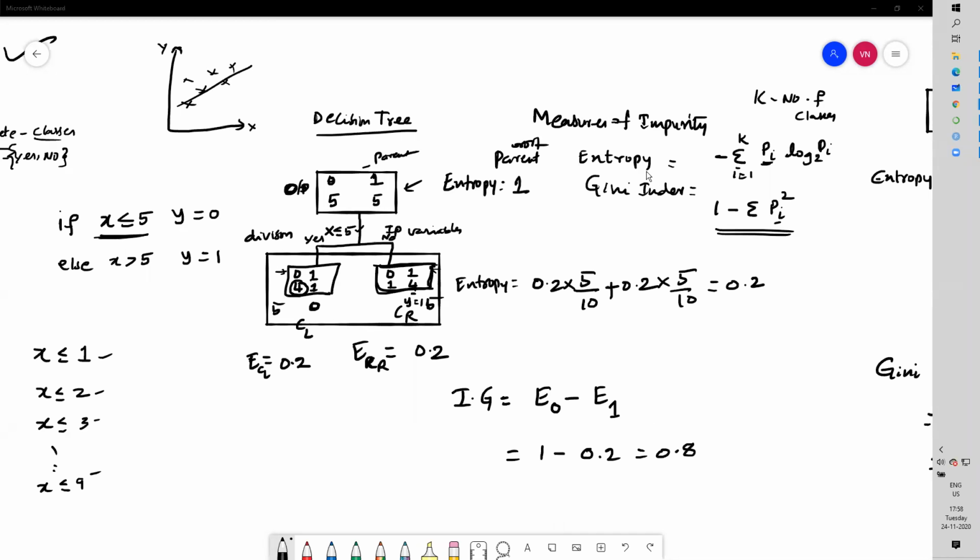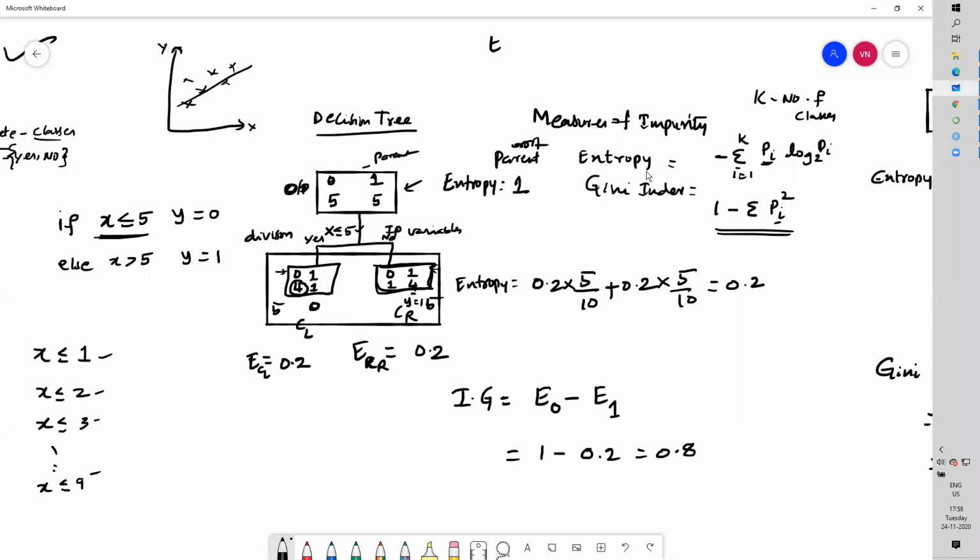Now, how do we measure this entropy? The formula for entropy is given like this. Entropy E is equal to minus sigma i equals 1 to k, where k is the number of classes, probability of the ith class times log of the probability of the ith class to the base 2. That's how we compute this entropy.